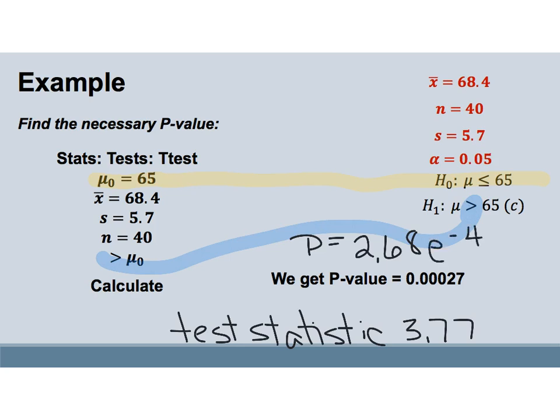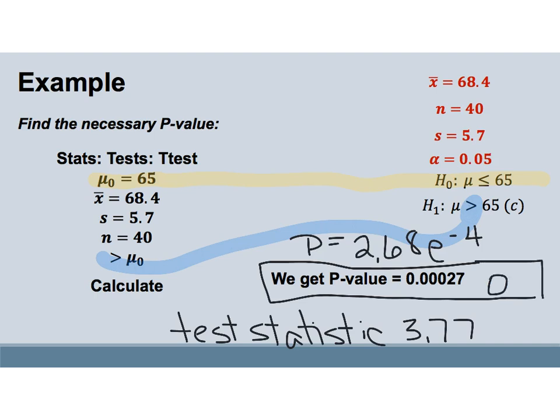Well, remember that e to the negative 4 means the decimal goes back 4 places. So your p-value is this little number, or you could have called it 0 plus. So for step 3 there, the two things you must write down are t-test and what your p-value is.